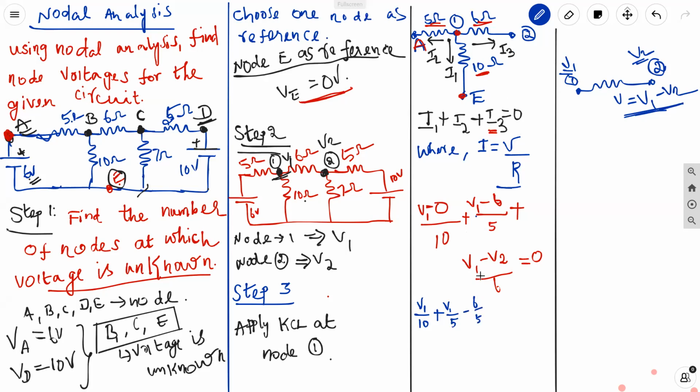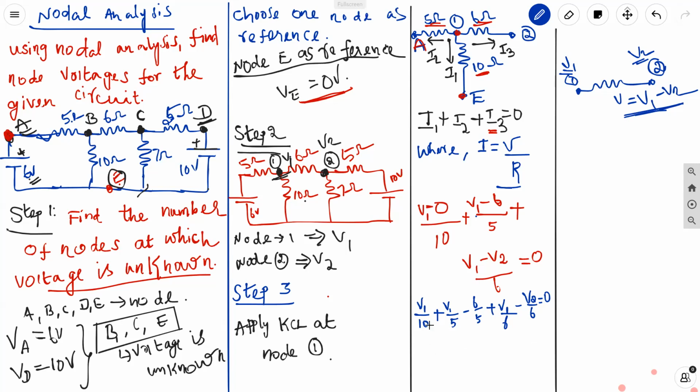I'm just separating each element in numerator and denominator, and plus V1 by 6 minus V2 by 6, which is equal to 0.